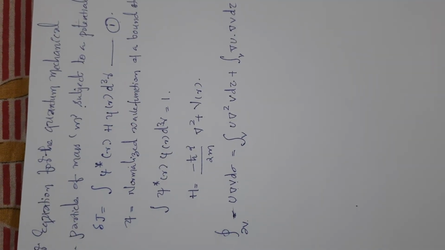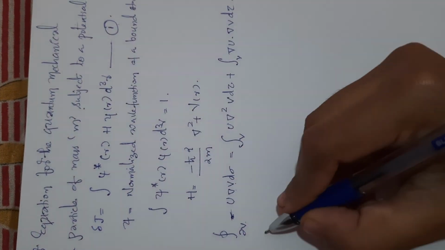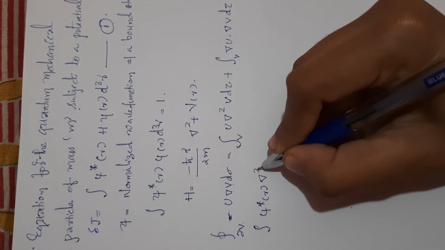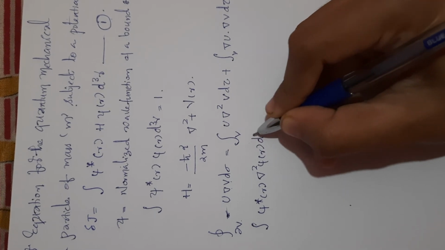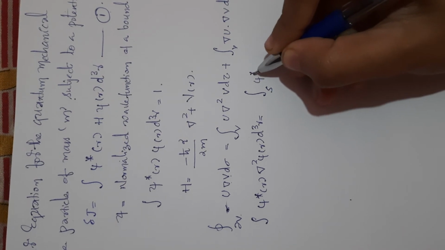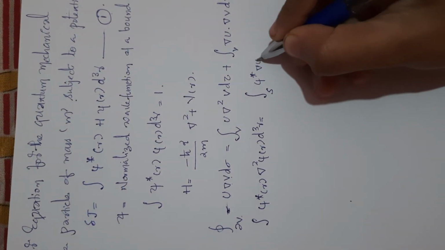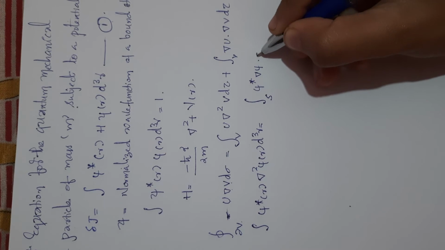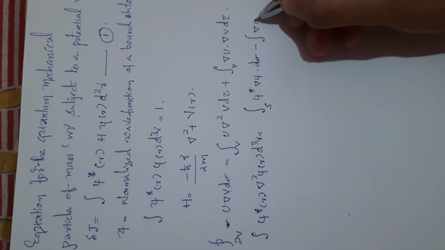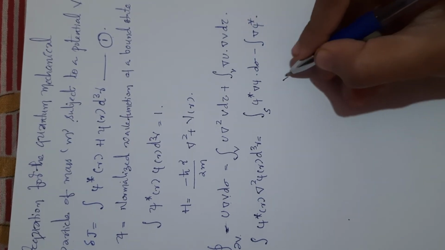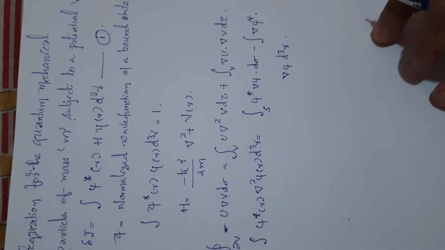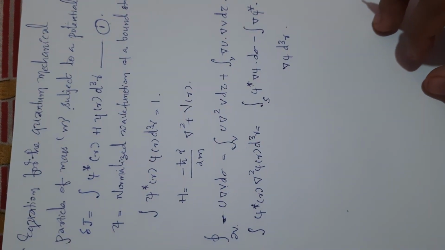Then by Green's theorem, we can write integral of ψ star of r del square ψ of r d cube r is equal to integral over S of ψ star del ψ dot dσ minus integral of del ψ star dot del ψ d cube r. Here we can say that the surface term vanishes due to ψ being continuous.